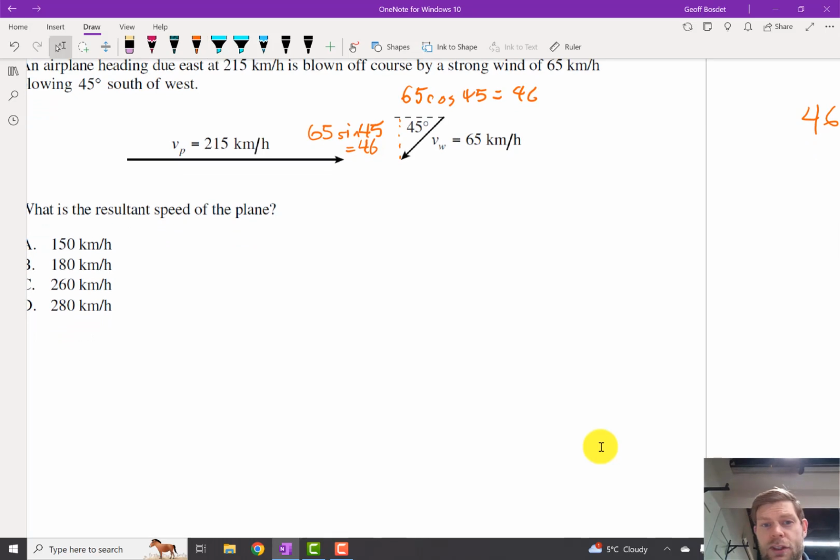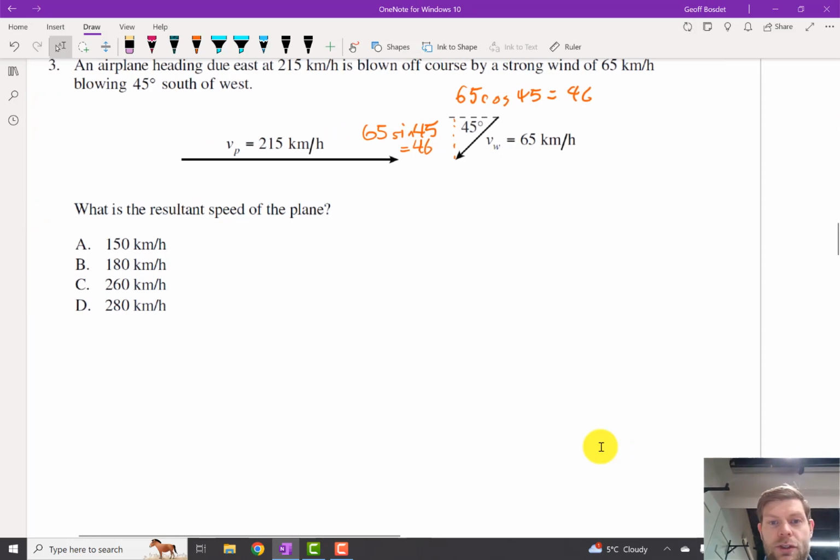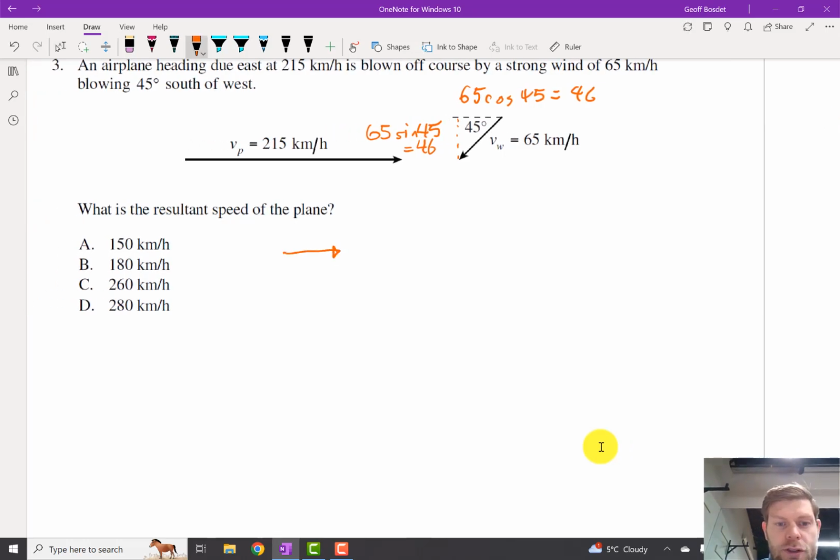And then we'll just basically come up with a new triangle with our total north-south and our total east-west. So our total kind of east-west is 215 for this guy, minus the 46 west for the wind.